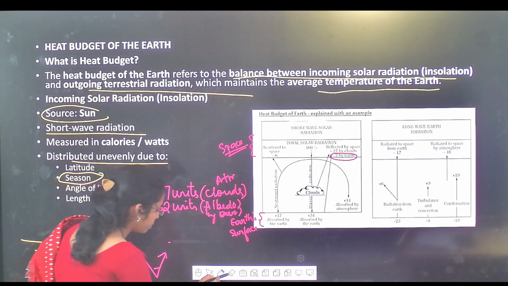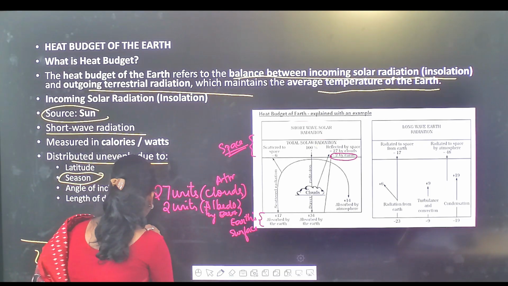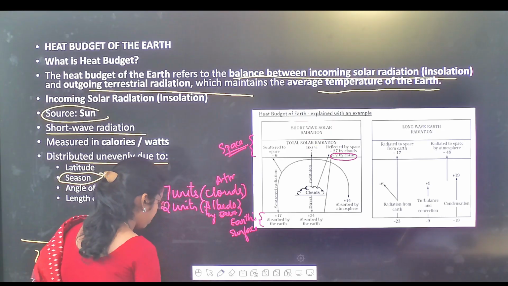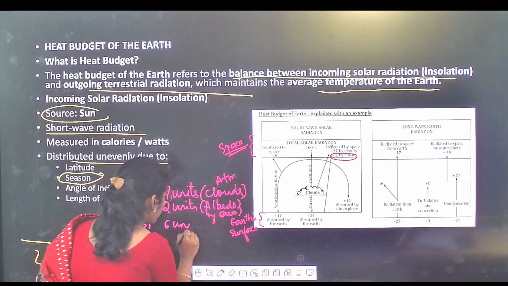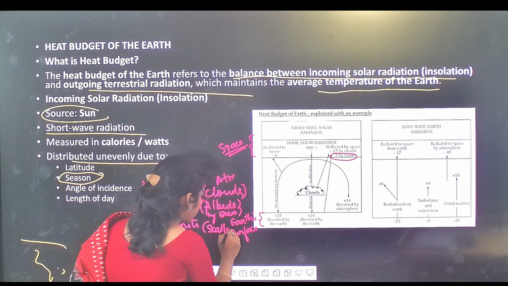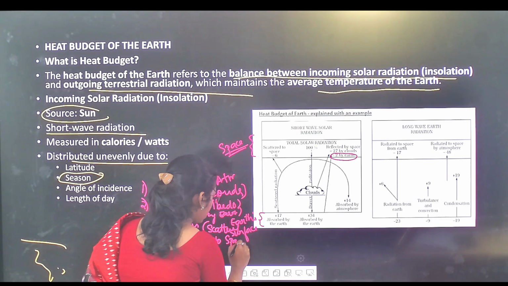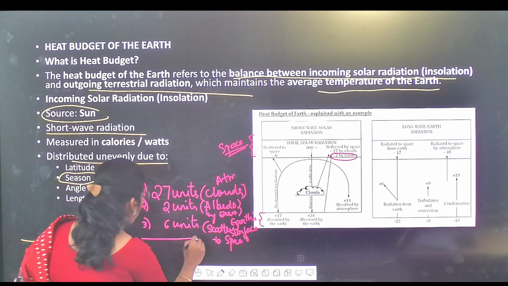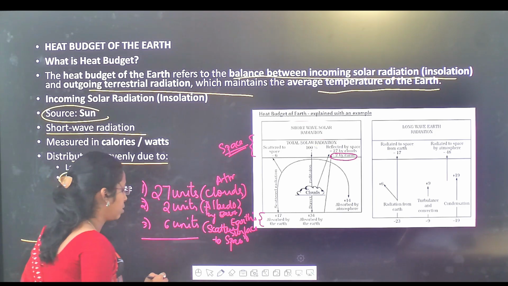Clear? And next, six units scattered to space.